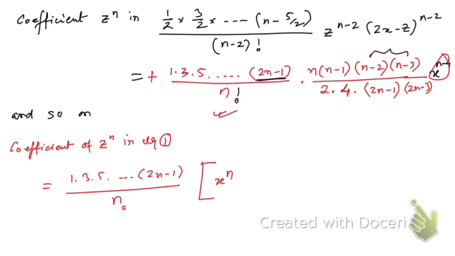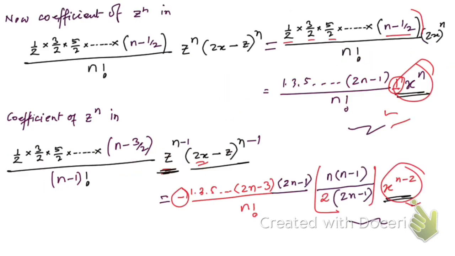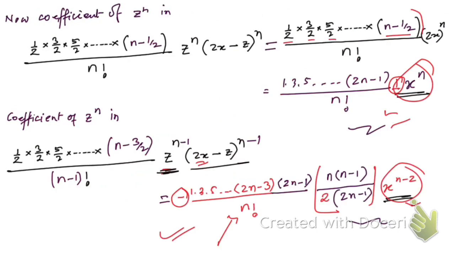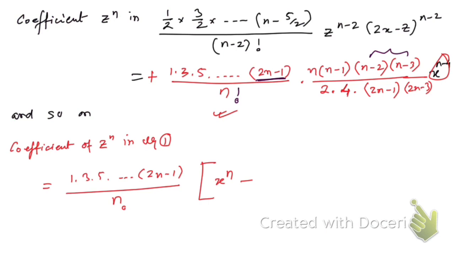Then in the next term, as here we had minus, here we're going to have minus. On taking this part common, here we're going to have this part, n into n minus 1 divided by 2 into twice n minus 1. Then the next part is positive, this coefficient is positive, this part is taken common, again we get this part.